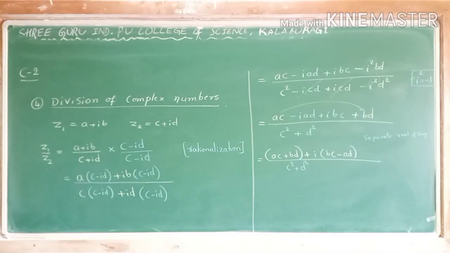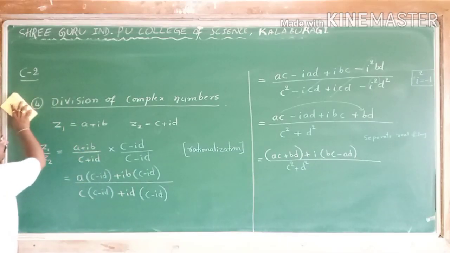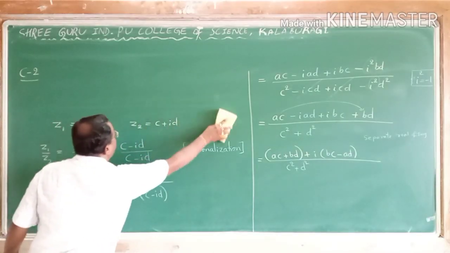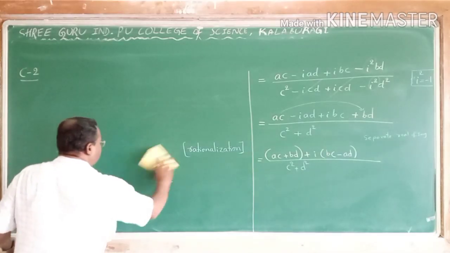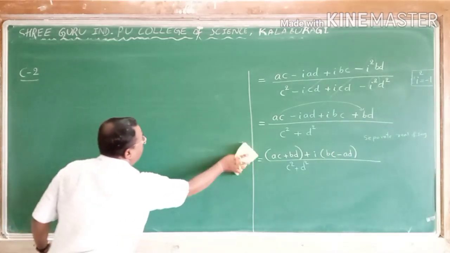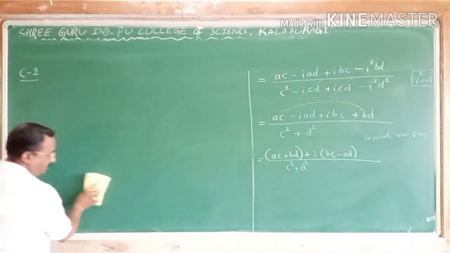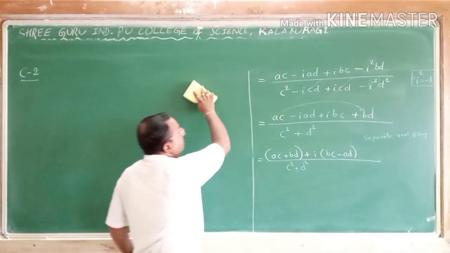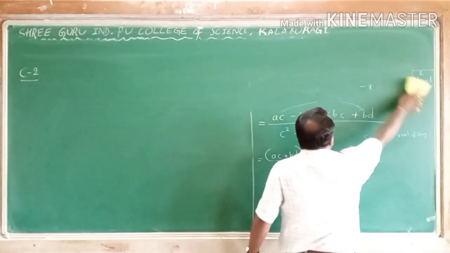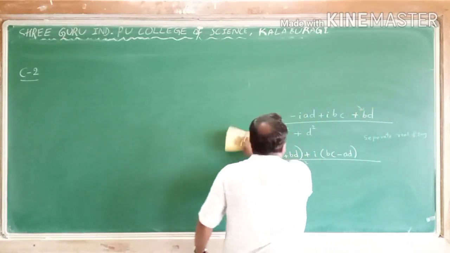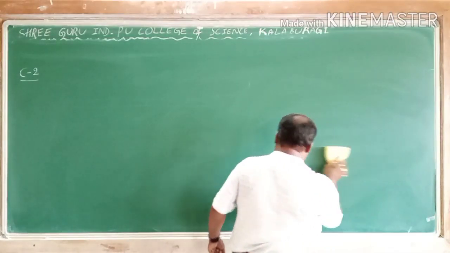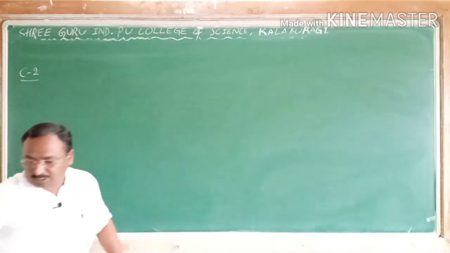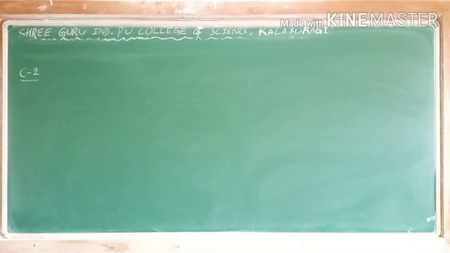Take one example, that is division of complex numbers.